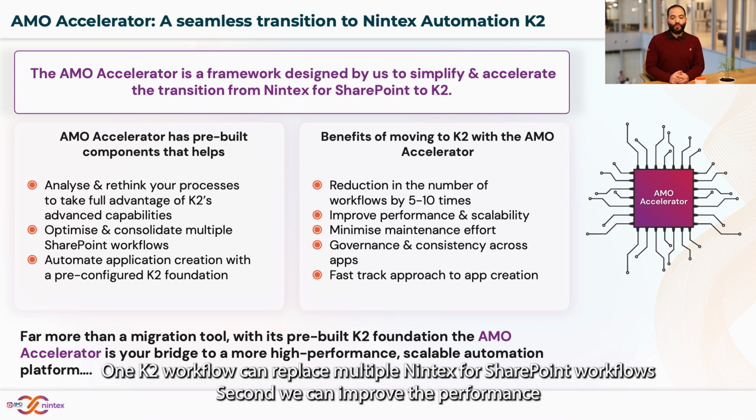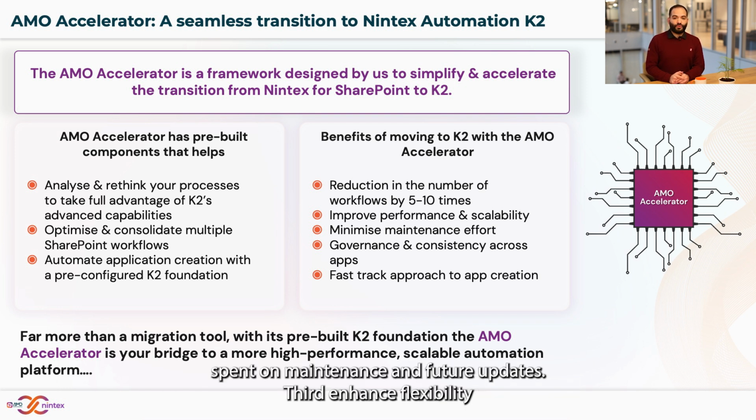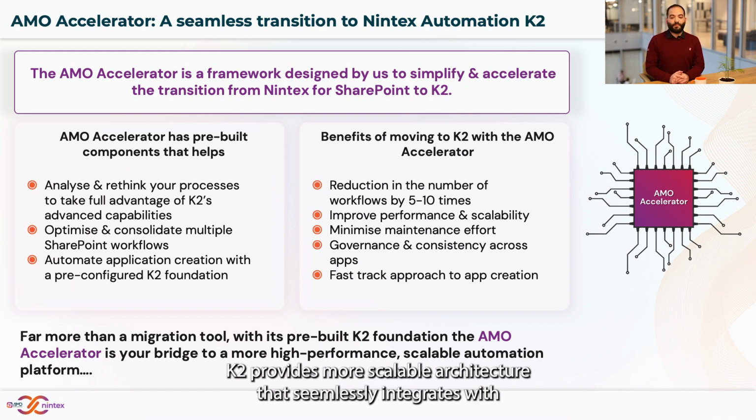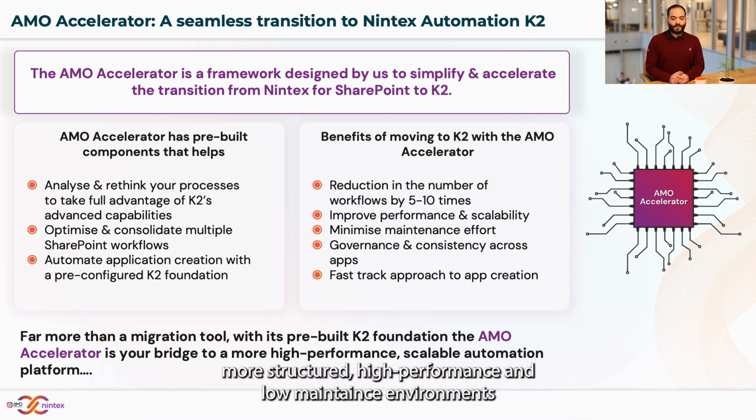Second, we can improve the performance and maintainability. Fewer workflows mean less effort spent on maintenance and future upgrades. Third, enhance flexibility. K2 provides a more scalable architecture that seamlessly integrates with other enterprise systems. So even if you currently have a large number of existing workflows, once you have made that transition, you will benefit from a more structured, high performance, and low maintenance environment.